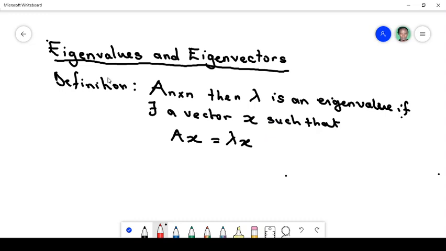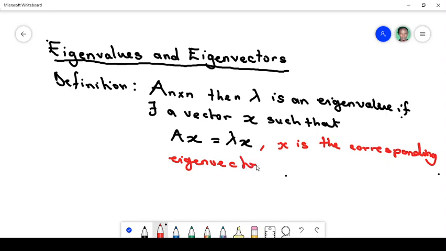So we are saying that x is the corresponding eigenvector. So for each lambda, which is the eigenvalue, there is a corresponding eigenvector, which is x. What does it mean to say that Ax is equal to lambda x?